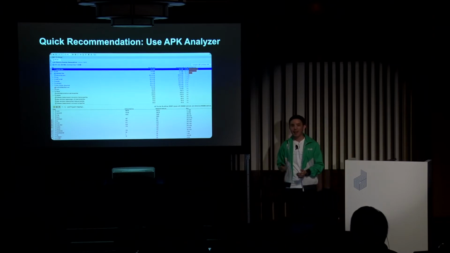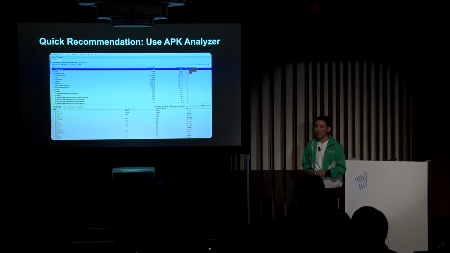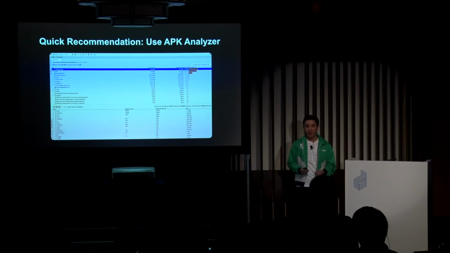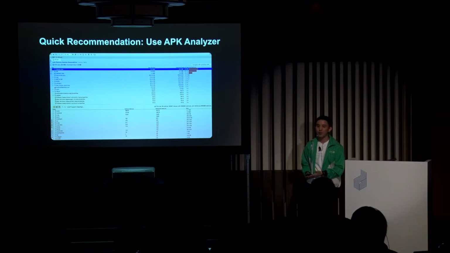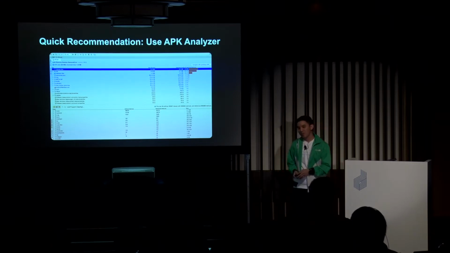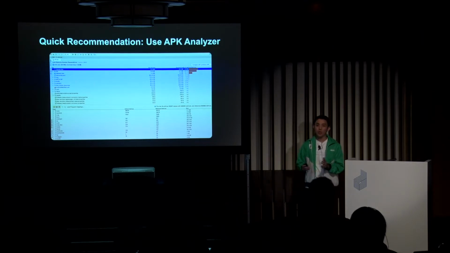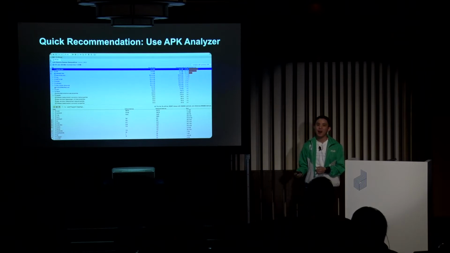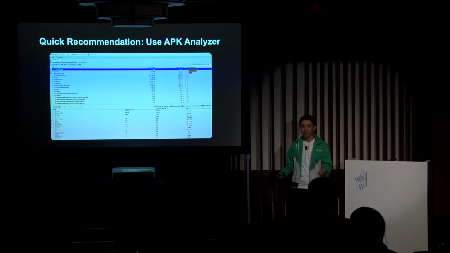So APK Analyzer allows you to upload your APK to Android Studio and break down the packages in your application, like layouts, strings, or maybe the function code that you write. In this tool, we can tell which part is big or which part is small, so you can prioritize which part you would like to optimize first.